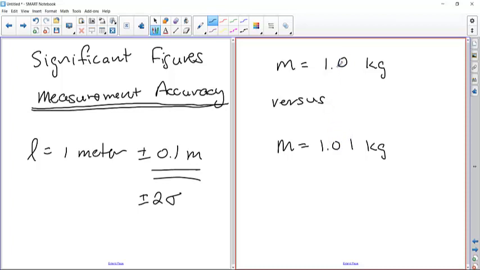So this one would have 2 significant figures. This one would have 3 significant figures. This one would have 1 significant figure. So decimals and zeros and where the zeros are relative to decimals have an impact on significant figures.